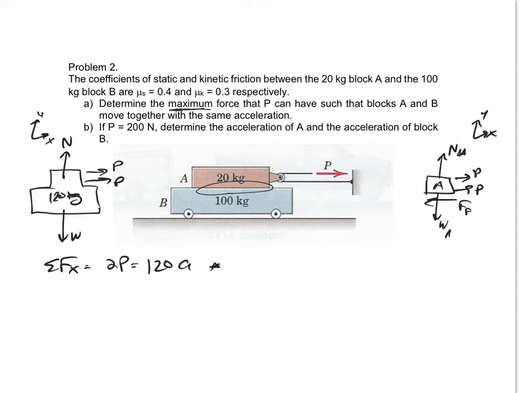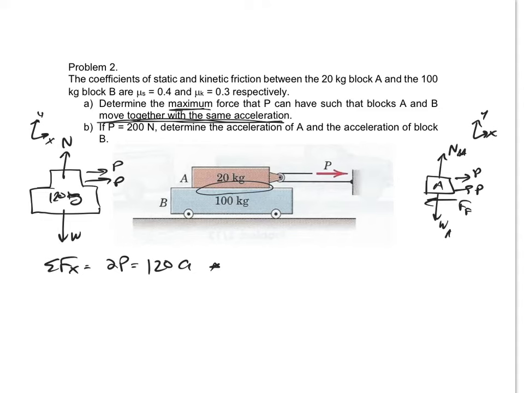This is not really a problem where you've got mu s and mu k, and so you have to determine is it slipping or is it not slipping. This is already worded to tell us that it is not slipping. They are moving together with the same acceleration.